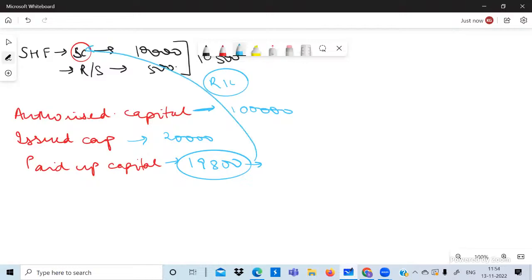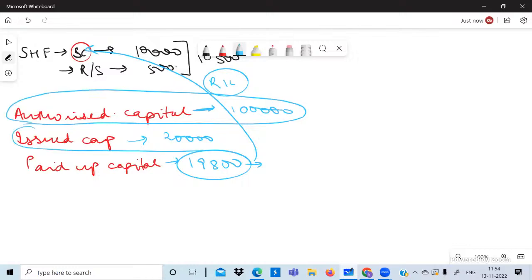So this is what will come in the company's balance sheet. But at the same time, the company will also say that I can raise up to 1 lakh, and I had issued shares worth 20,000, out of which I've received 19,800. So any doubt with authorized, issued, paid up? Authorized is the maximum amount that you can ever have as a company in your books. Issued is what you issued to the public, and paid up is what you got from the public.